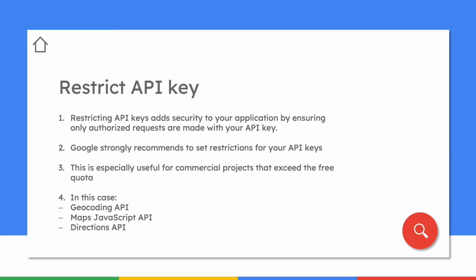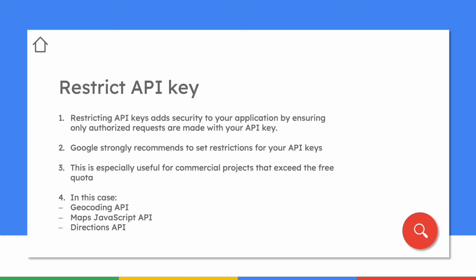And this is especially recommended for commercial projects because remember, you link your billing to your account, so you don't want anyone that is not authorized to use your keys and basically charge your credit card for something that you don't want. So restrict your API key.